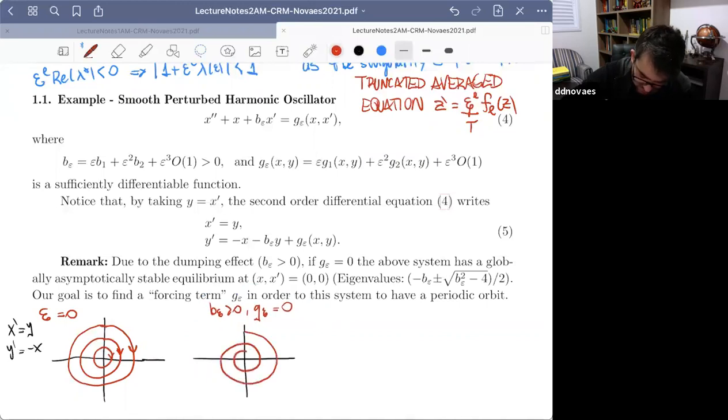It behaves something like that. Then we have an attracting equilibrium at the origin. And if B epsilon is negative and G epsilon is equal to 0, then we have an unstable focus at the origin.